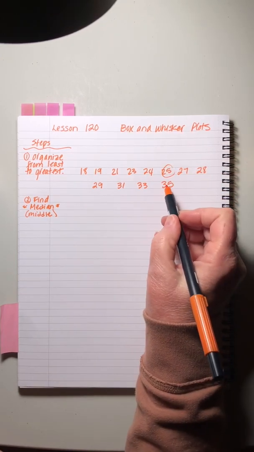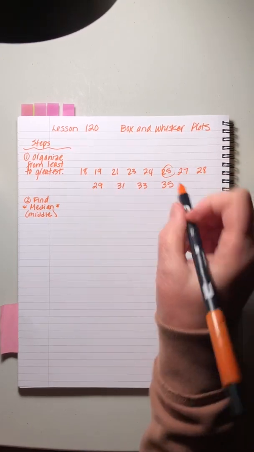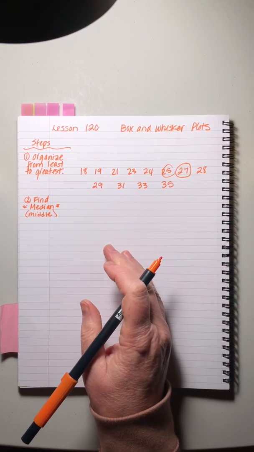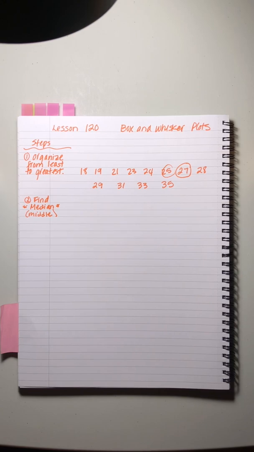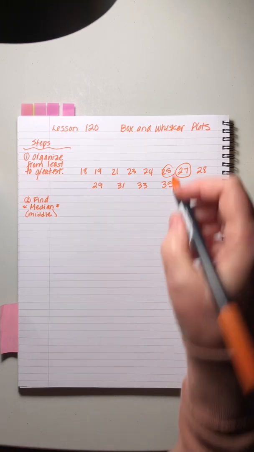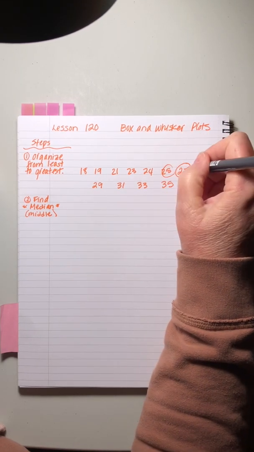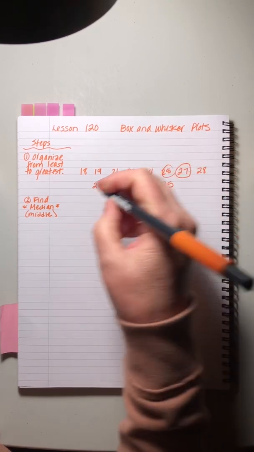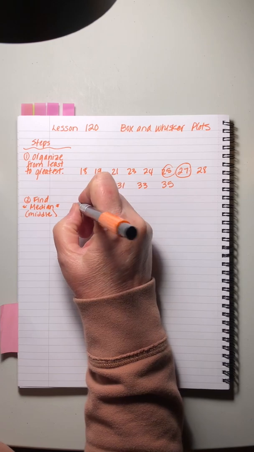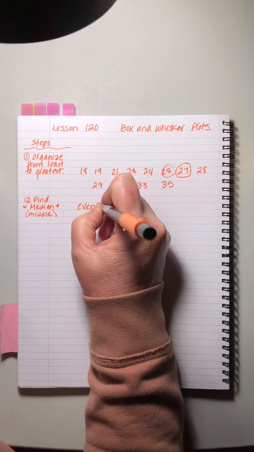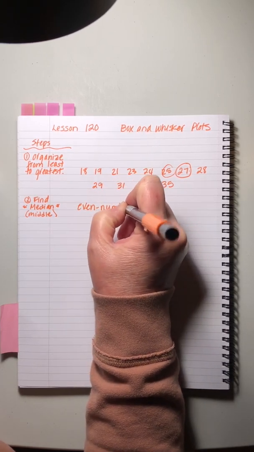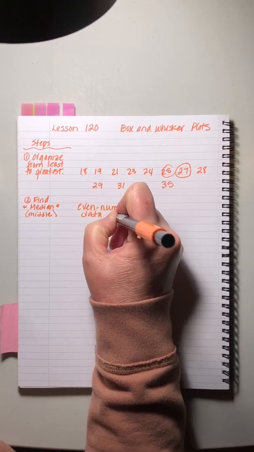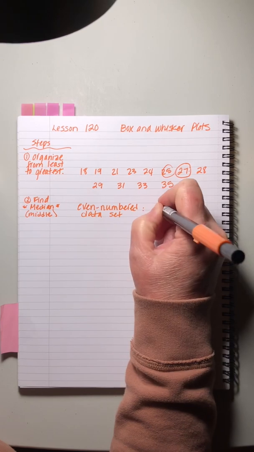And then counting this way, 1, 2, 3, 4, 5, 6. So we know, and again, this is an even numbered data set. There are 12 items, so there isn't going to be one item that's right in the middle, but there are 2 that are tied for the middle, right? And the way we find the median in a situation like this, for an even numbered data set, is we take an average.